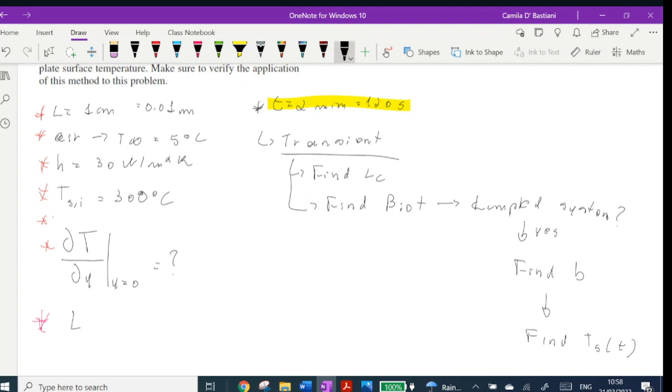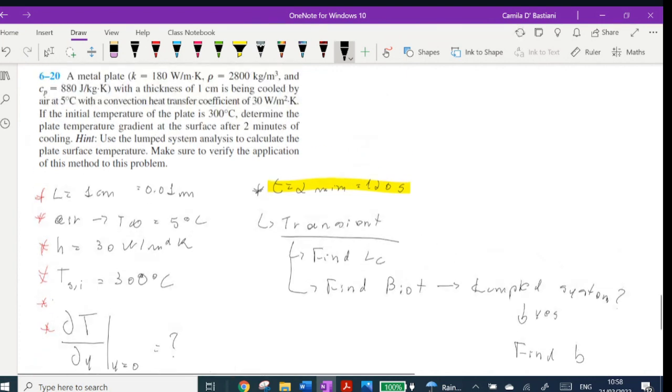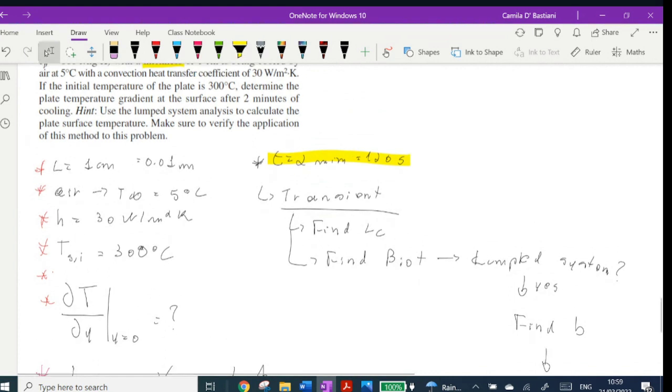Well, first I need to find my characteristic length, which is my volume divided by my area of the surface. I know that volume is equal to my thickness multiplied by my area in this case because I have a metal plate, which implies something thin with two sides, same as we did before.